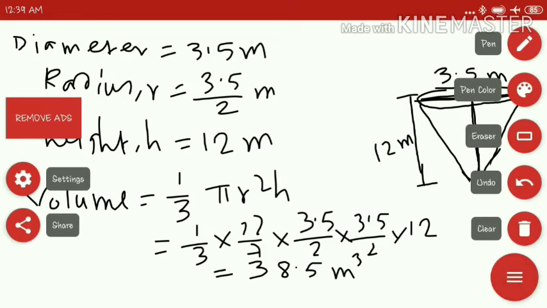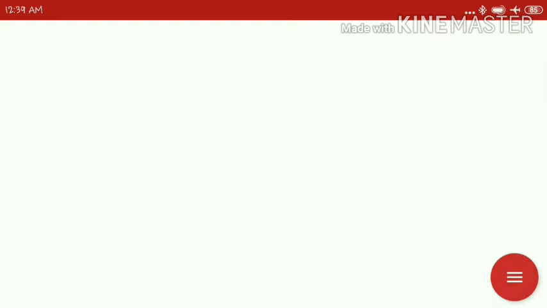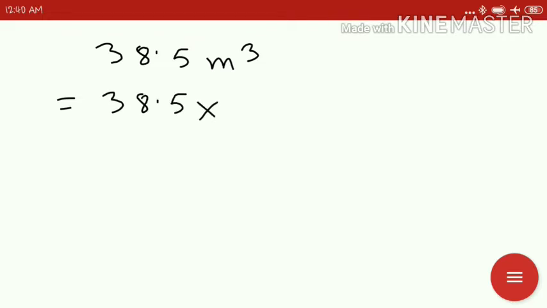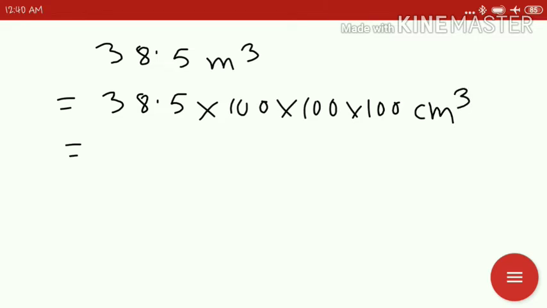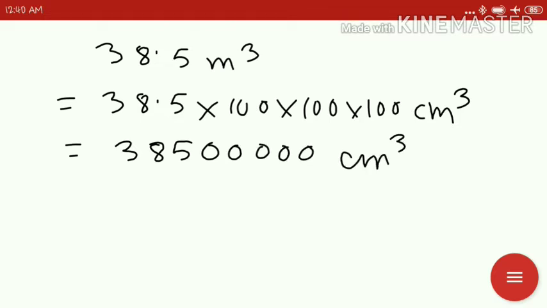As you know that 1 liter is equal to 1000 centimeter cube. So first we will try to convert this meter cube into centimeter cube. So meter cube means there are 3 meter units multiplied with it. That means you have to multiply this value 3 times with 100 to convert it into centimeter cube, and it will give 38500000, that much of amount.